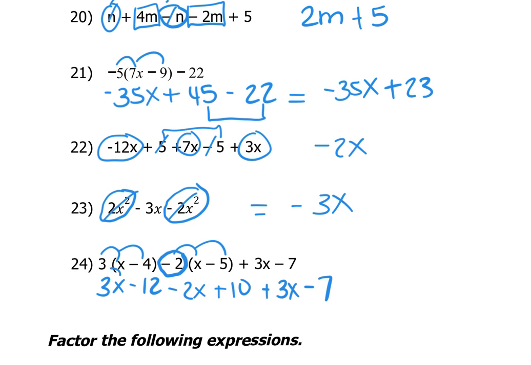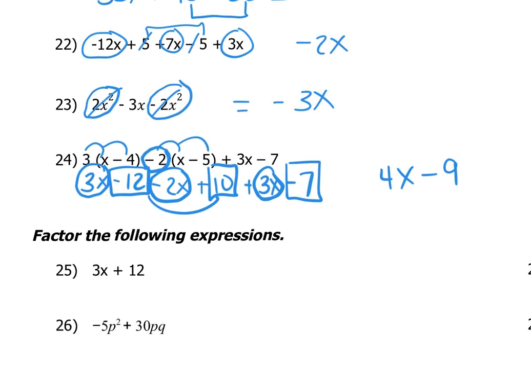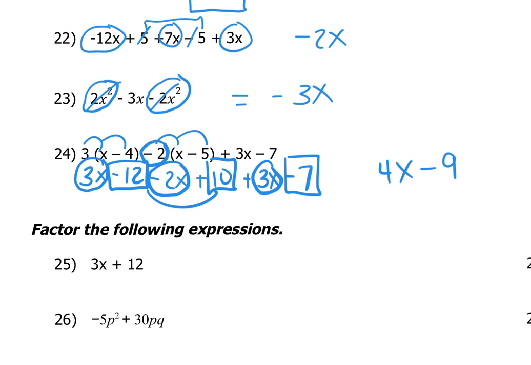You can combine 3x, negative 2x, and 3x, which will give us 4x. And then a negative 12 plus 10 is negative 2, and a negative 2 and a negative 7 is a negative or minus 9. So 4x minus 9 would be our answer for that one.